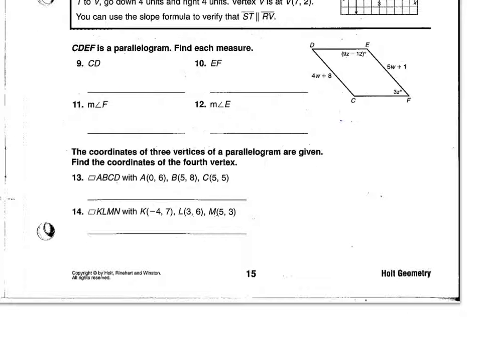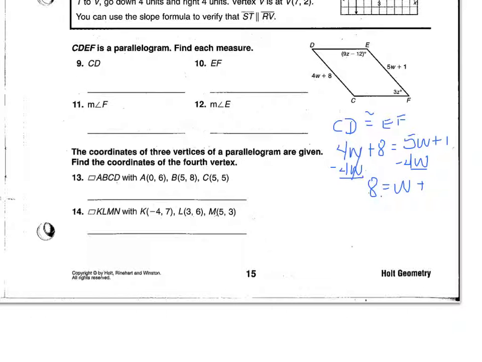Let's say CD should be the same thing as EF, okay? That is congruent. So therefore, we can just put 4W plus 8 equals 5W plus 1. And then we solve for W, so subtract 4. That gives you 8 equals W plus 1. Then we subtract 1.